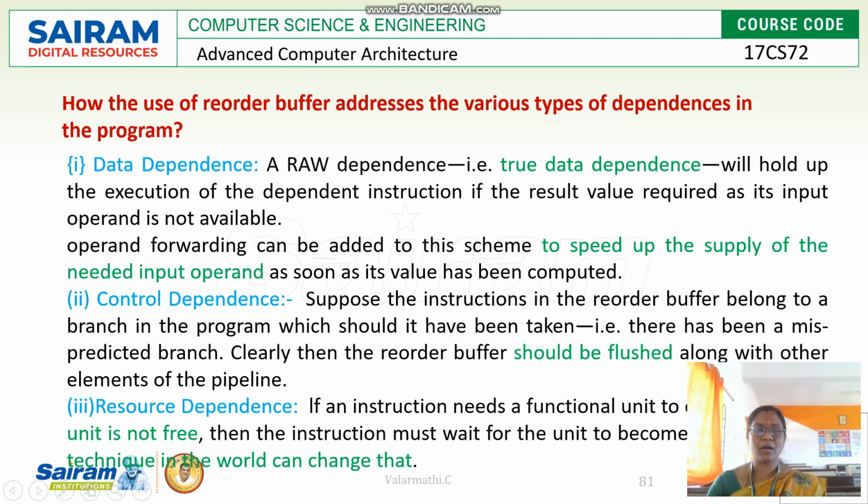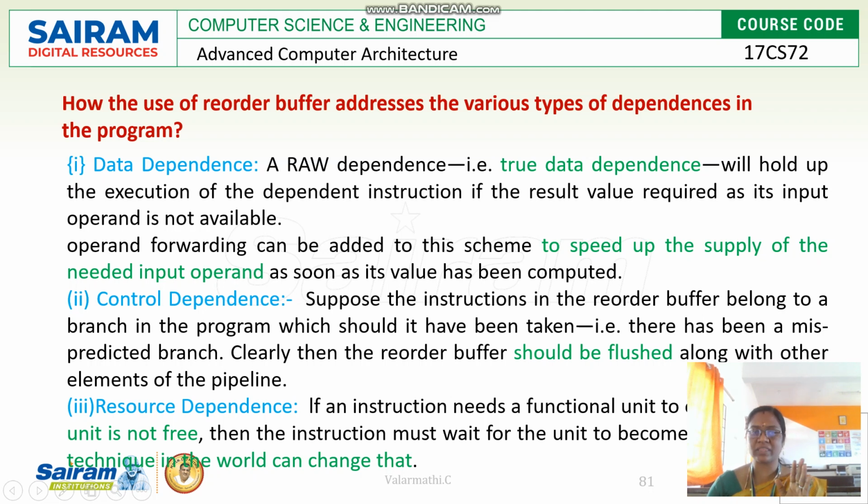Coming to the first, data dependence, it is also called RAW dependence. What is the use of the reorder buffer and operand forwarding here? First, we must know what happens in a RAW dependence. If the input operand value is not available, we have to hold up the execution of the dependent instruction.